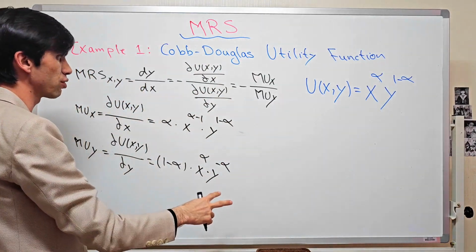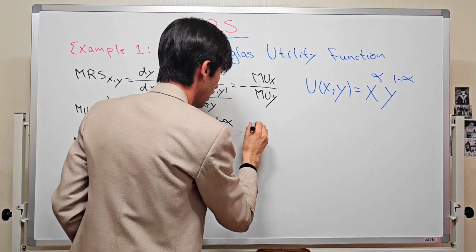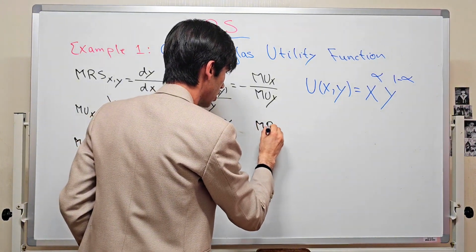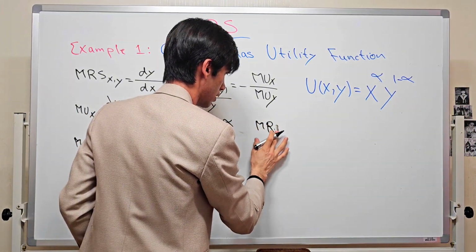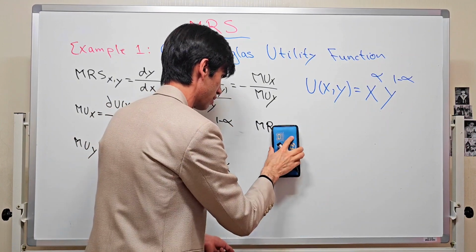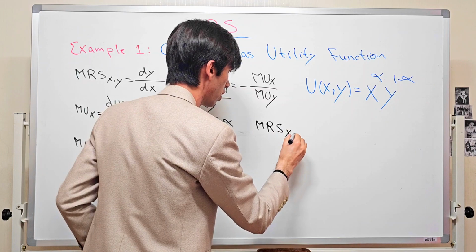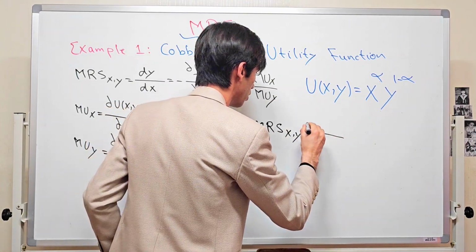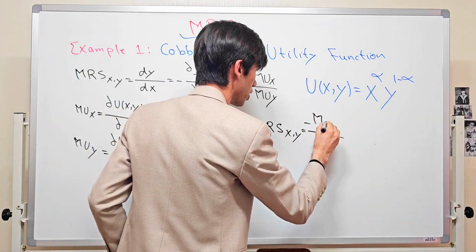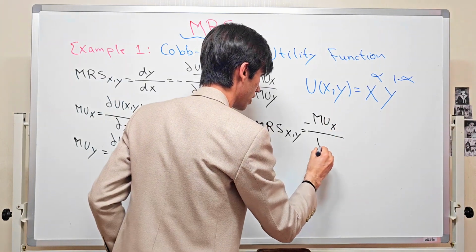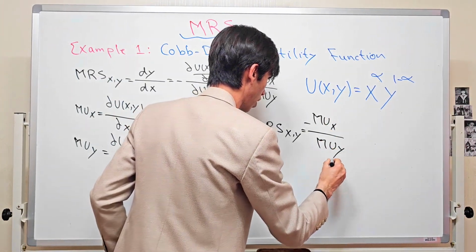Now it's easy to find the marginal rate of substitution. The marginal rate of substitution of x for y will be equal to minus the marginal utility of x divided by the marginal utility of y.